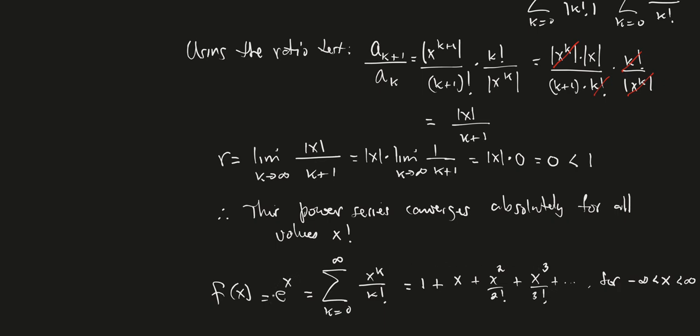Not necessarily the really simple ones like e to the x, but what if you had e to the x squared or e to the negative x squared, something like that? Can that be represented as a power series? So we're going to continue looking at this, but then we're going to make use of basically a set of templates that, like I said, will make you a lot happier not having to derive everything from scratch.